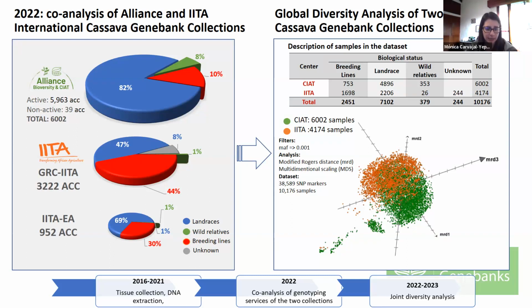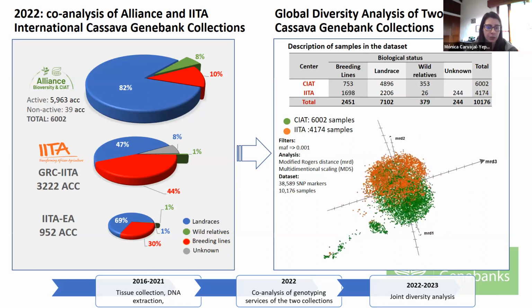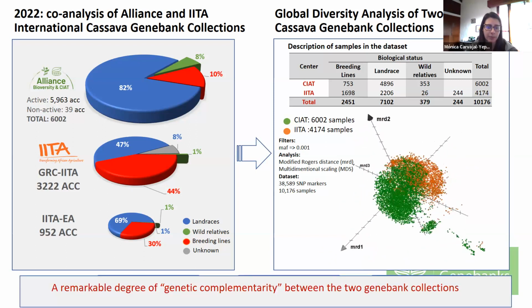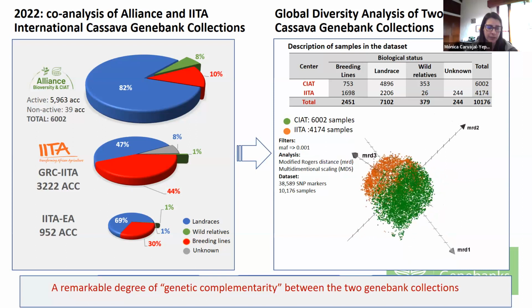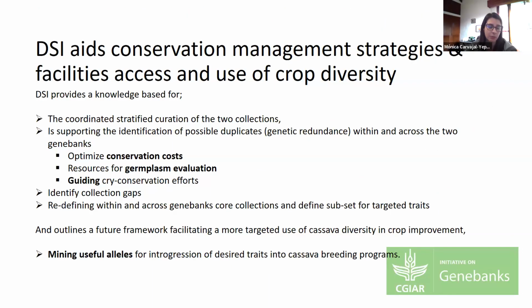It was very interesting. As you can see in the diagram, orange dots represent the accessions conserved by IITA, and green dots represent the accessions conserved by us at CIAT. You can see that there is a clear genetic complementarity between the 2 collections.